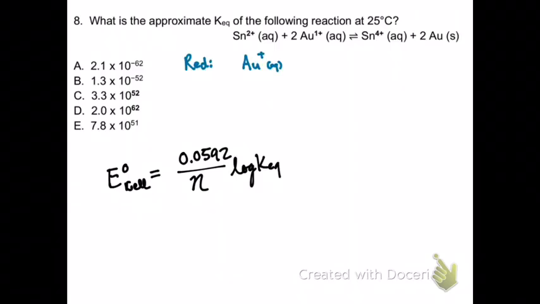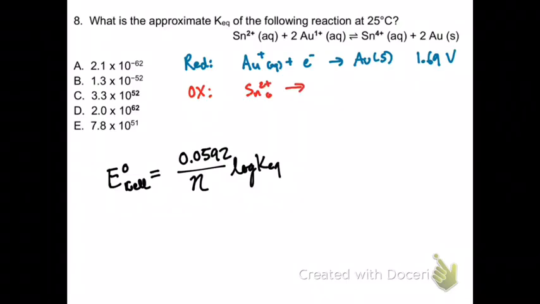Our reduction half reaction is going to involve the gold gaining an electron to turn into Au solid. And that's going to net us 1.69 volts. Cool. Our oxidation half reaction is going to be Sn2+, aqueous, yielding Sn4+, also aqueous, and giving up 2 electrons.